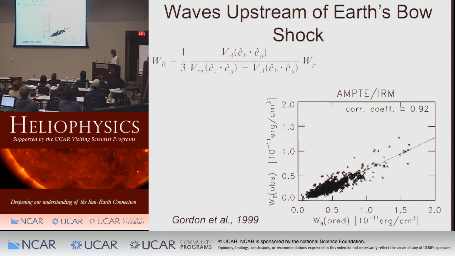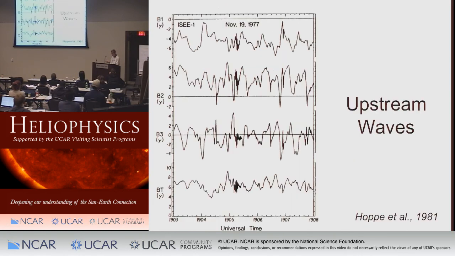This was a comparison between theory and experiment at the upstream reverse bow shock, where the observed wave power correlated very well with the theoretical prediction. So the theory, which would tell you what that enhancement in waves is, seems to work very well. But you get some monstrous waves. This is, for example, the upstream reverse bow shock.